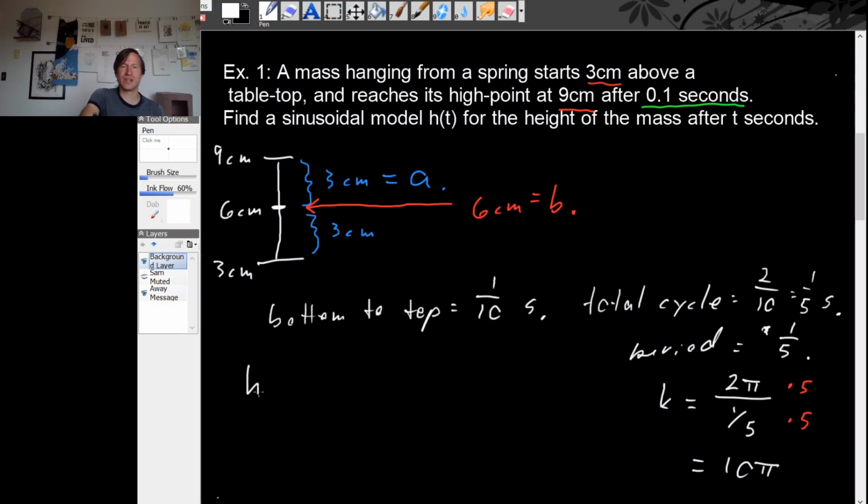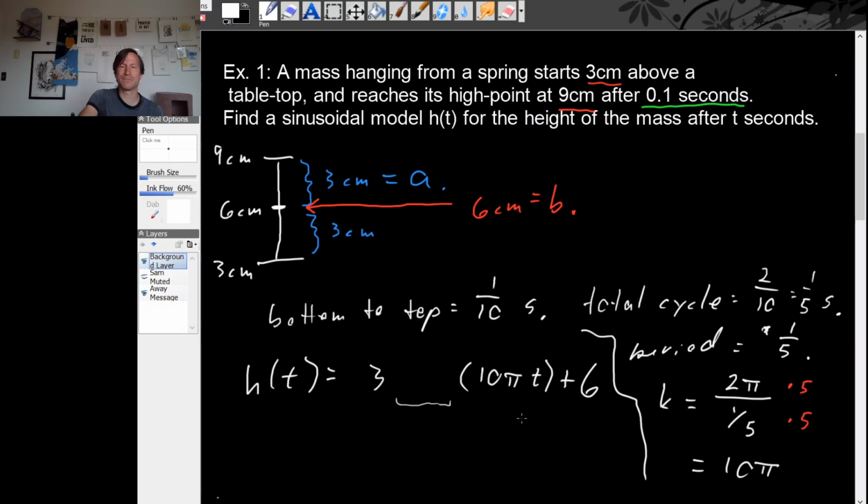So our function h of t, the amplitude is going to be 3. We need to decide which trig function to use, but inside the trig function, we're going to have 10 pi times t, and then plus our value for b, which was 6.